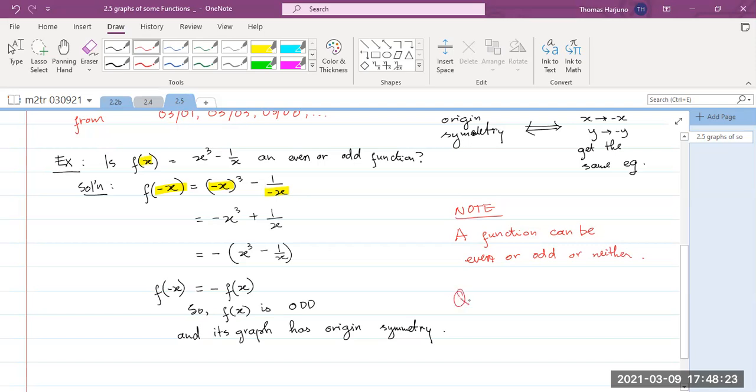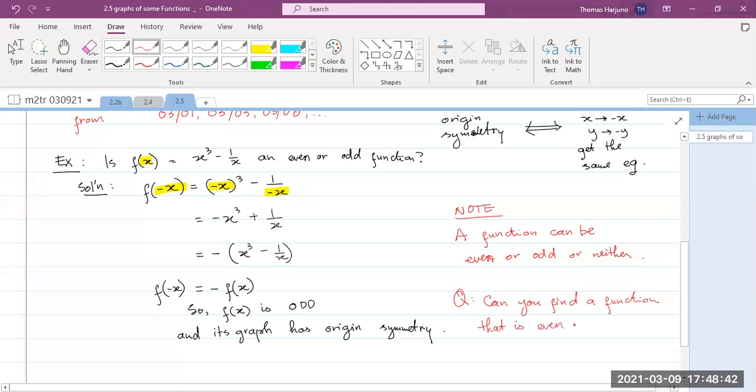Can you find a function that is even and odd? Can you find a function that is an even function at the same time that's an odd function? Okay, that's actually a big challenge.